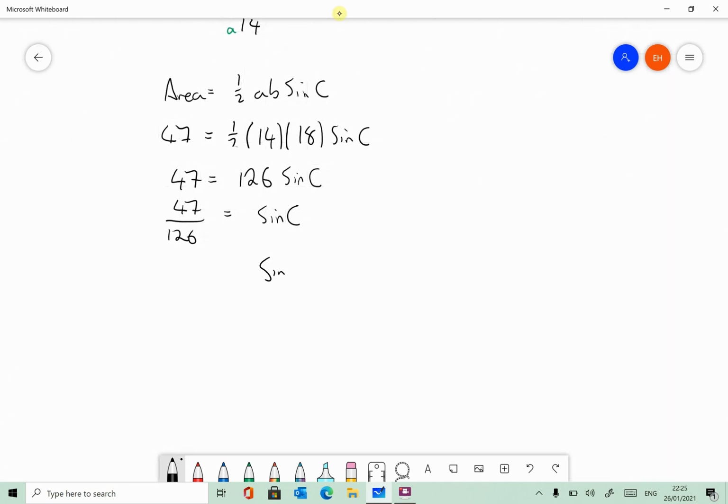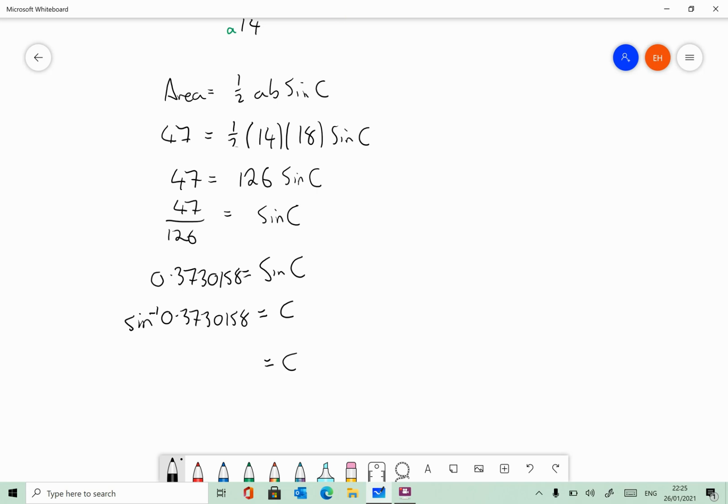So sine C is equal to 0.3730158. C by itself must equal sine inverse of 0.3730158.